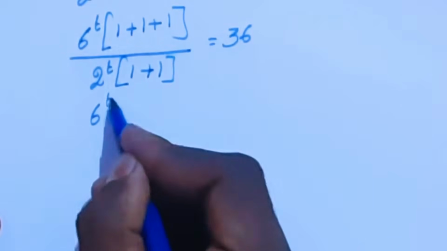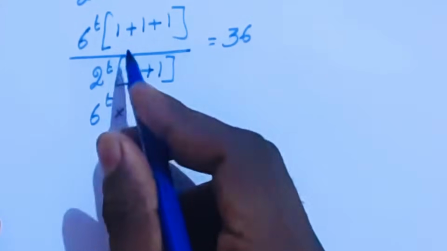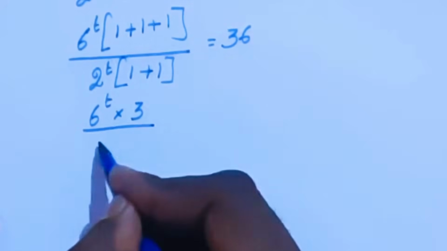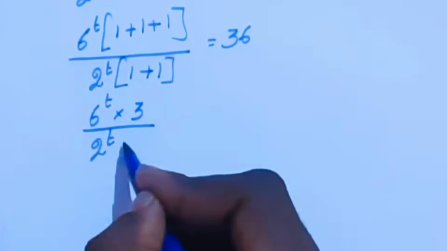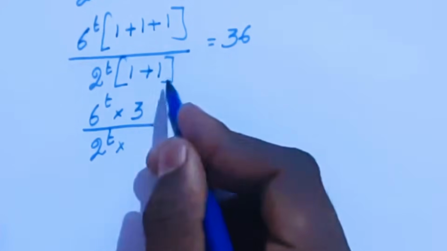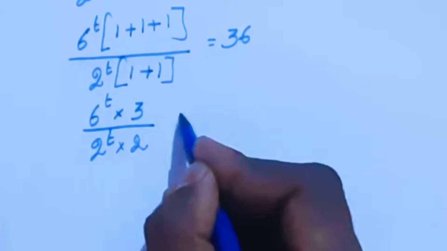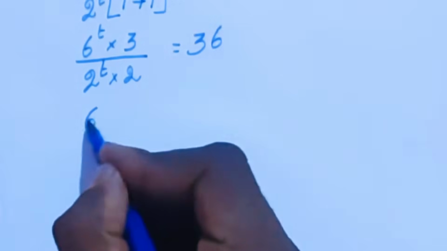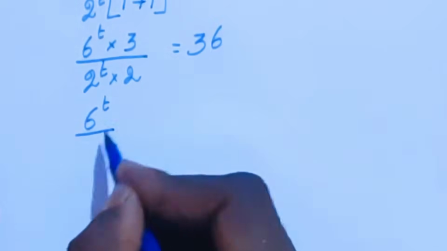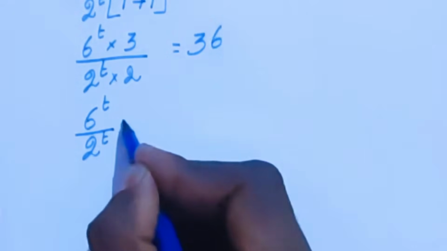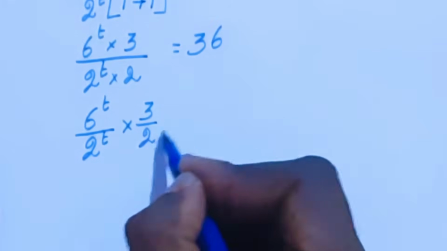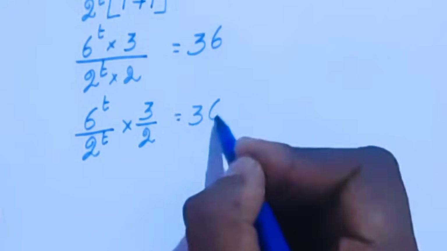Now 6 power t times 1 plus 1 plus 1 is 3 by 2 power t times 1 plus 1 is 2 equal to 36. Now this can be written as 6 power t by 2 power t times 3 by 2 equal to 36.